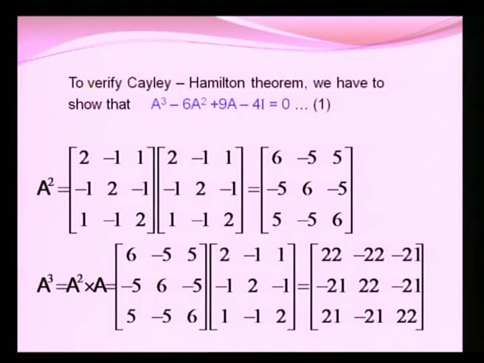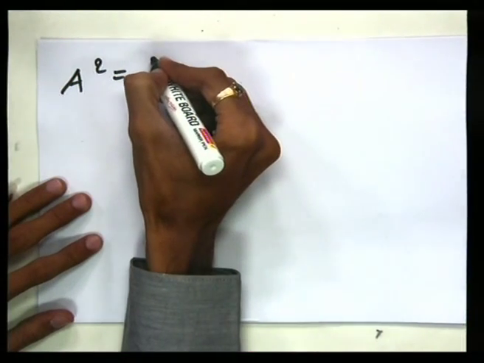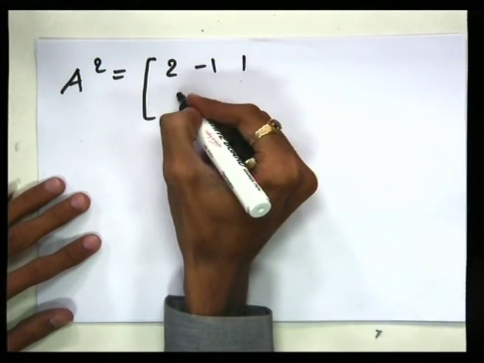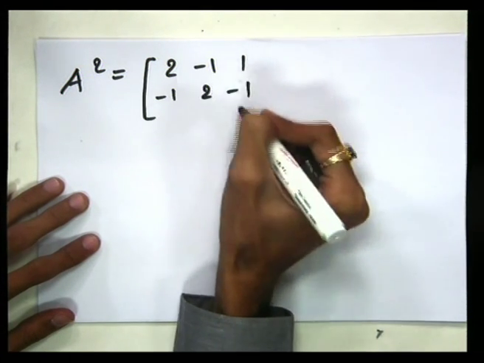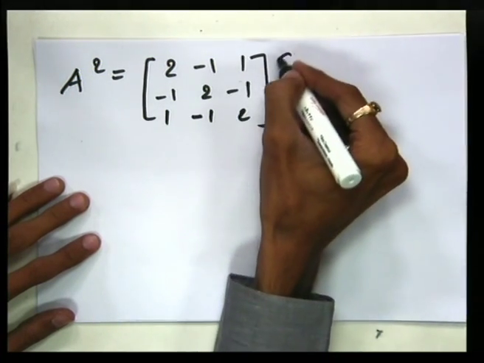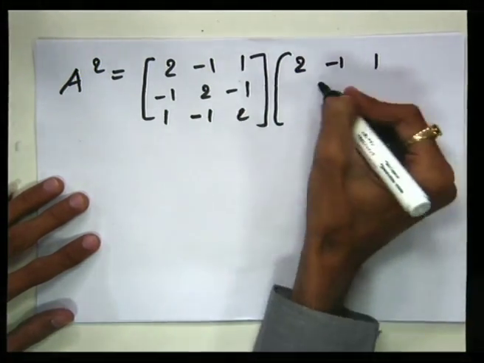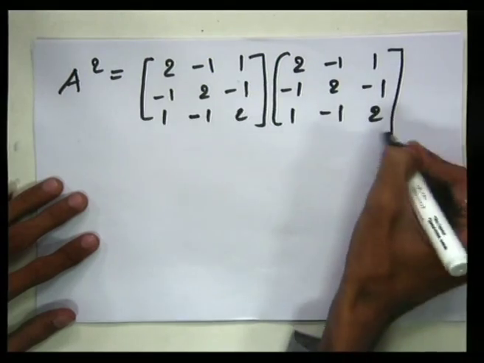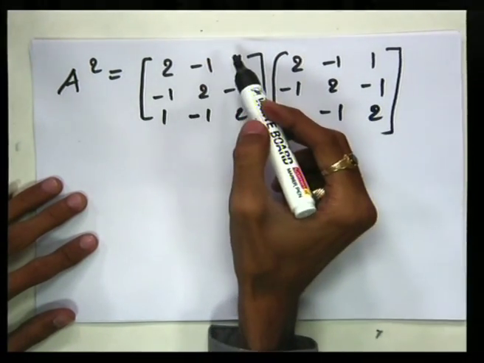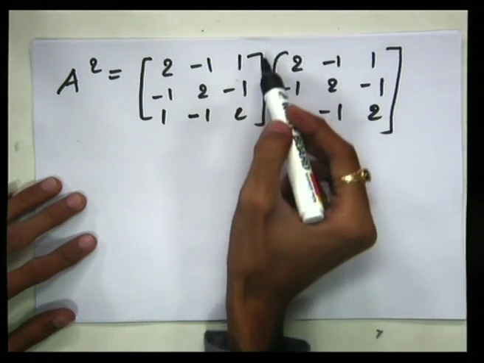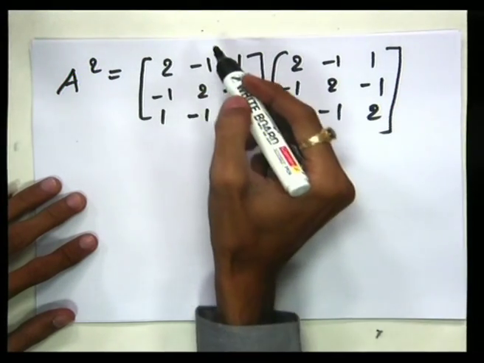If we look at it practically, A square is equal to [2 -1 1; -1 2 -1; 1 -1 2] into [2 -1 1; -1 2 -1; 1 -1 2], and this is A into A. If you want to multiply these two matrices, then the columns of the first matrix must be equal to the rows of the second matrix.